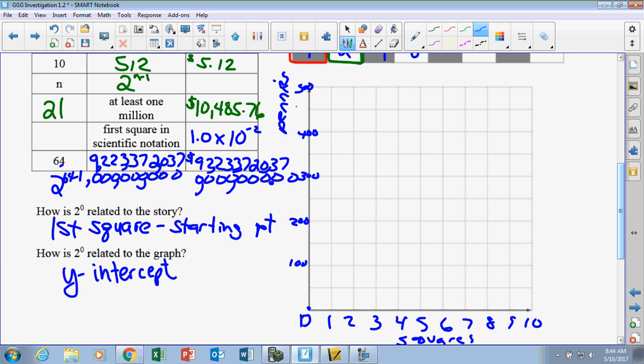On that first square, 1 minus 1 is 0, right? So that's where it hits the y-intercept. And then we go 2. Well, again, it doesn't start jumping up here. It's going to be kind of light here. So 2. It's almost going to look straight, but just know that it's not. Now 16, if the halfway is 50, 16's got to start to come up a little bit. 32.